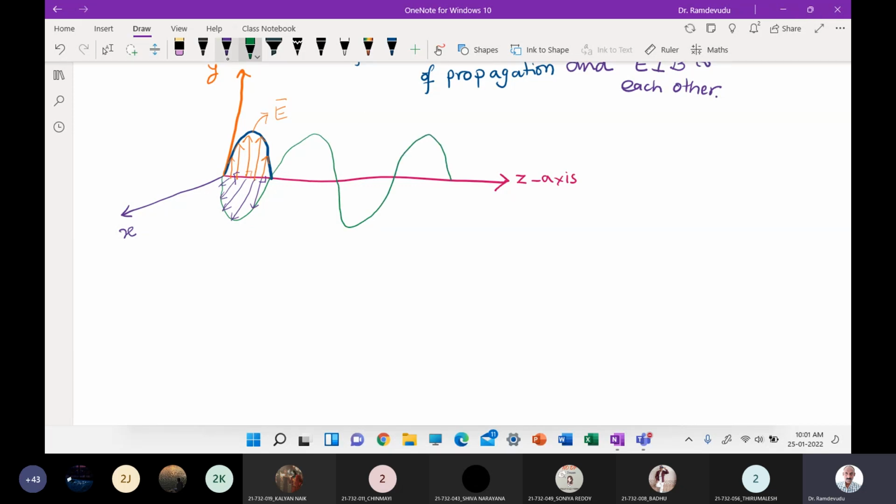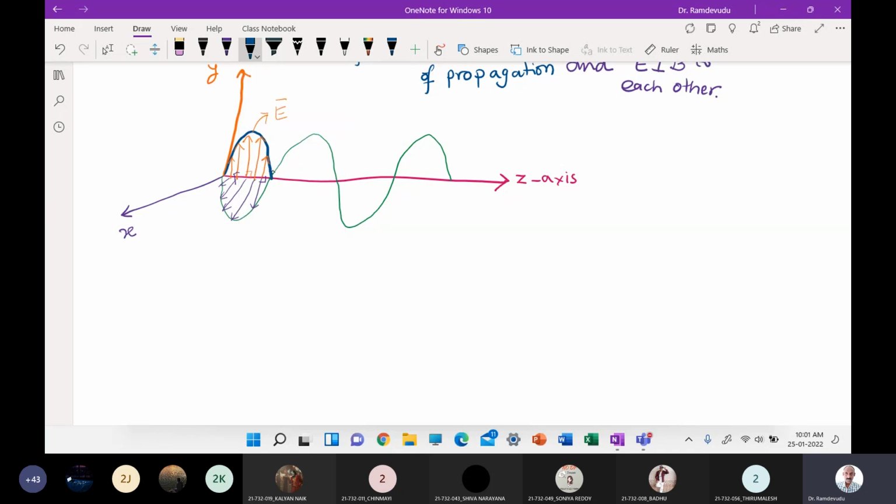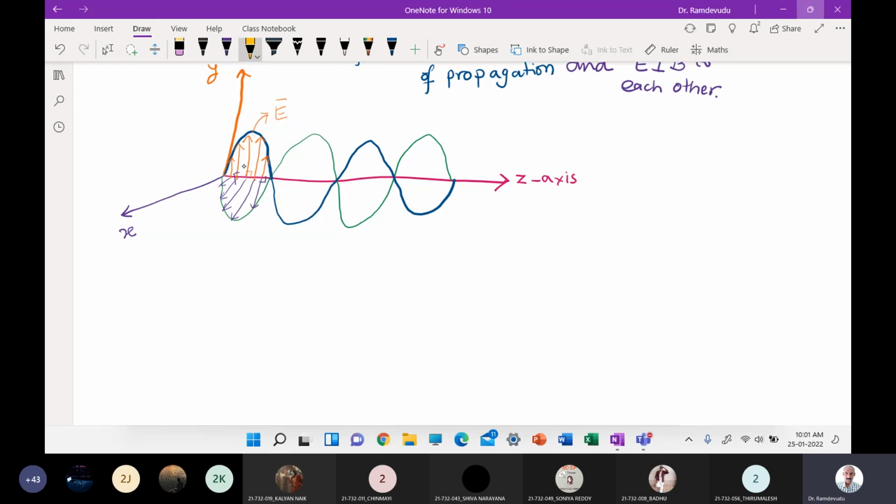But at the same time, the E vector goes like this, and they are always perpendicular to each other in the manner they are moving. So if I want to draw the vectors corresponding to this, this vector is perpendicular to y, therefore now it is the negative y-axis.